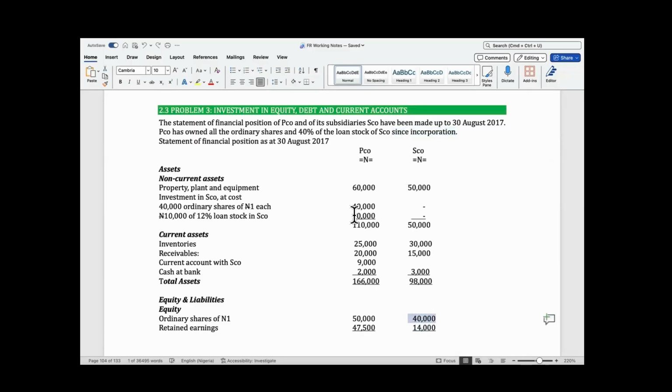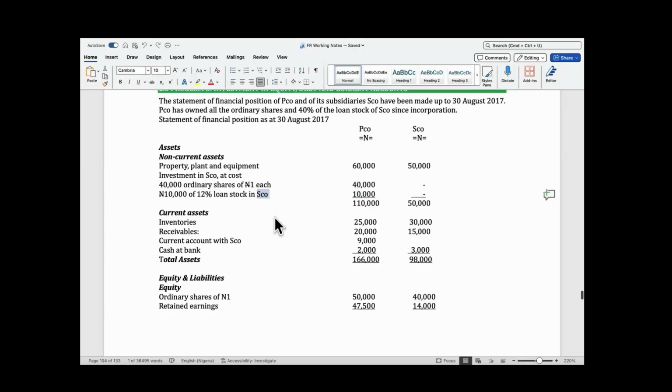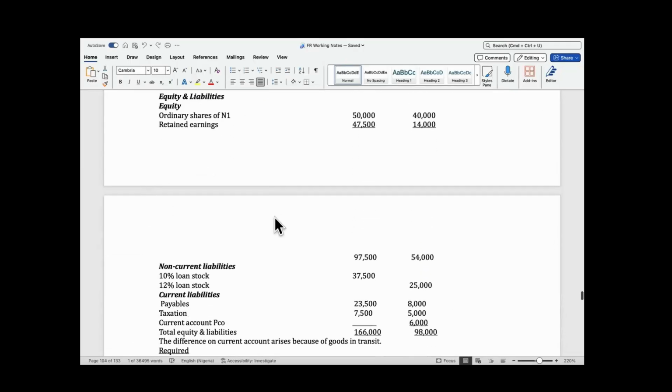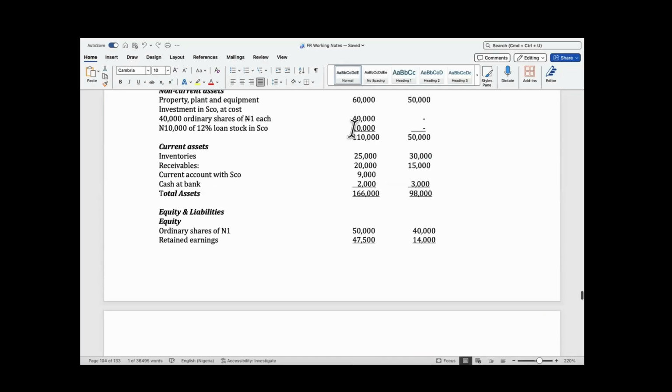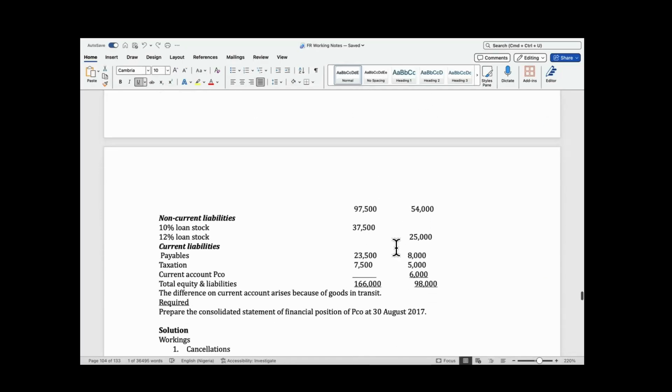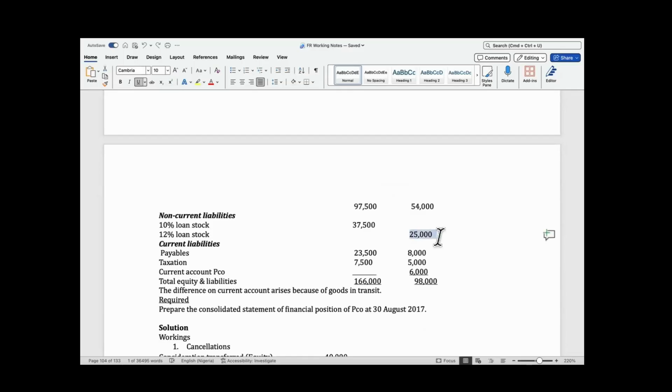Additionally, Pico also invested 10,000 in the debt of ESCO. When you look at the debt of ESCO, it was 25, but we only invested 10,000 there. That means the remaining 15,000 were investments by other people.